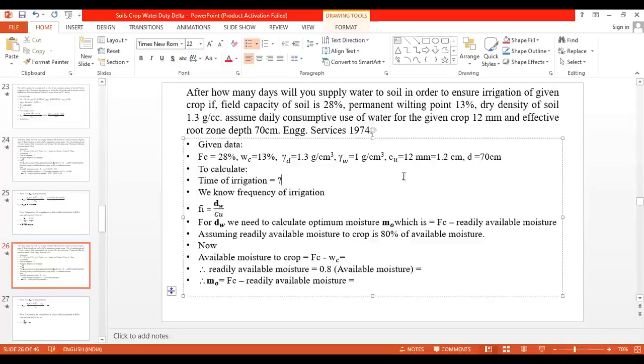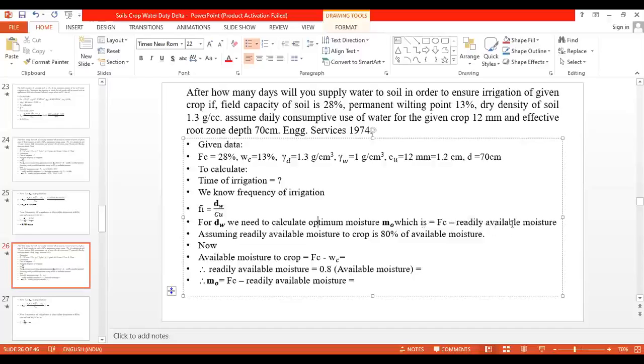The dw, what is that? That is the depth of the readily available moisture, that is dw. Then for dw we will be required to calculate the optimum moisture content, as in the previous example, which is nothing but the field capacity minus readily available.